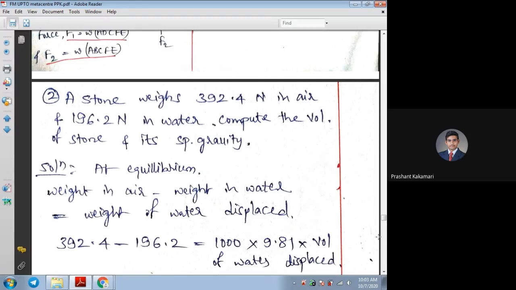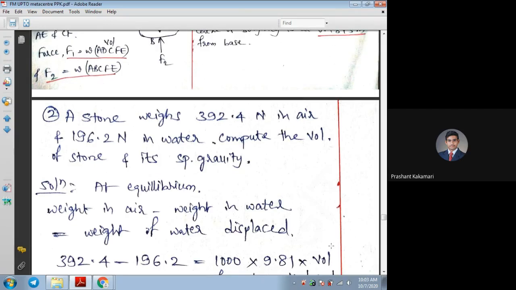See here, for the volume of the stone, we don't know any dimensions of the stone. I hope you are understanding. If any dimensions were known, we could find the volume directly by the standard formula. And here we also need to find the specific gravity. All of you can recall the specific gravity ratio.